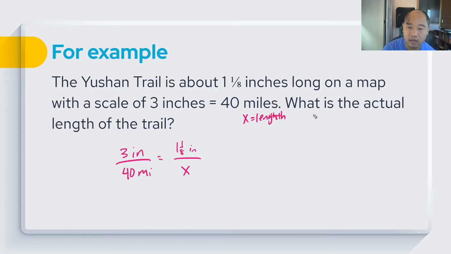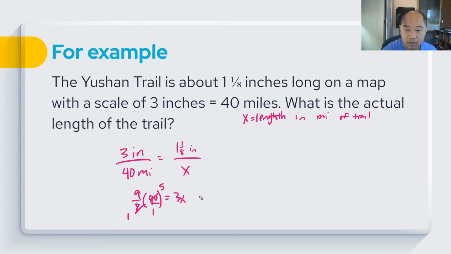That's an N, in miles of the trail. So that's 9 over 8 times 40 equals 3x. We can cross these out. That would be 1. This is a 5.